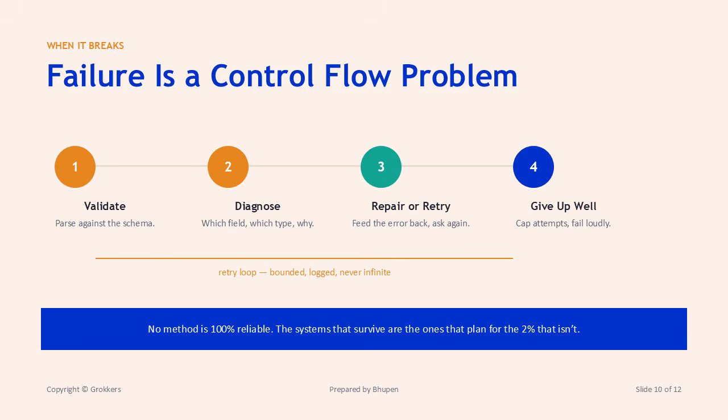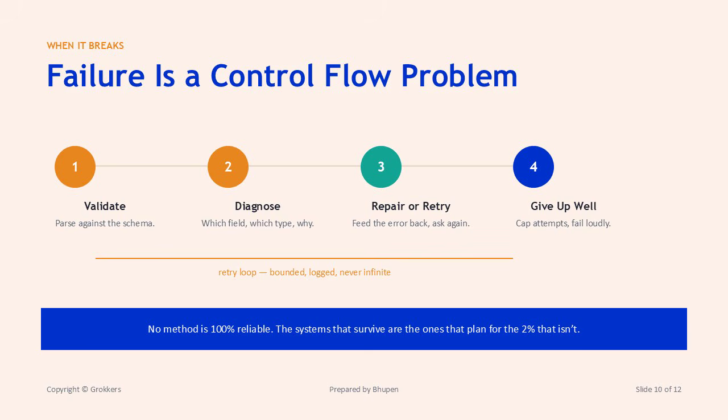When it doesn't, you diagnose which field failed, what type was expected, what actually arrived. That detail matters, because step 3 is repair or retry, and the trick is feeding the specific error message back to the model, rather than blindly asking again.